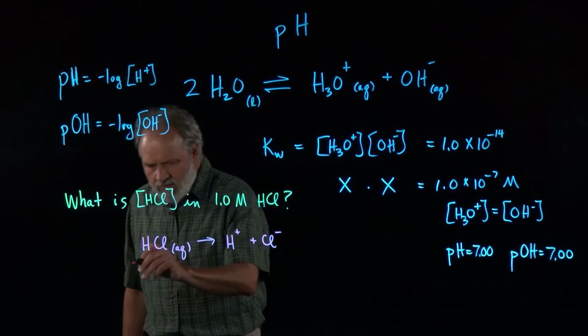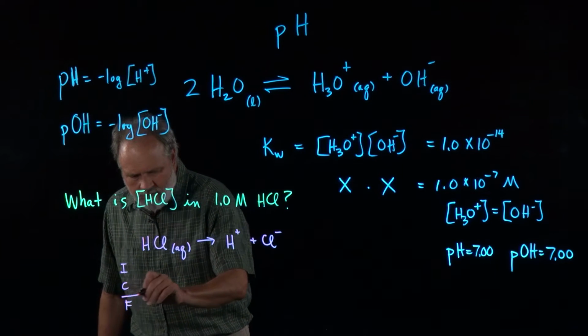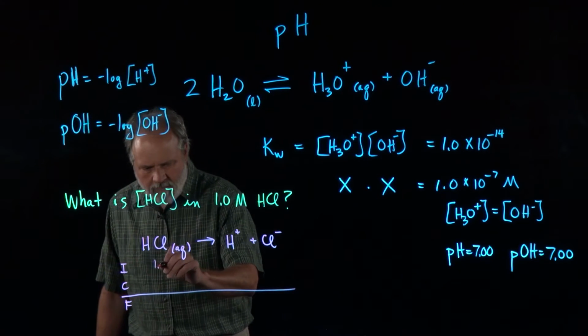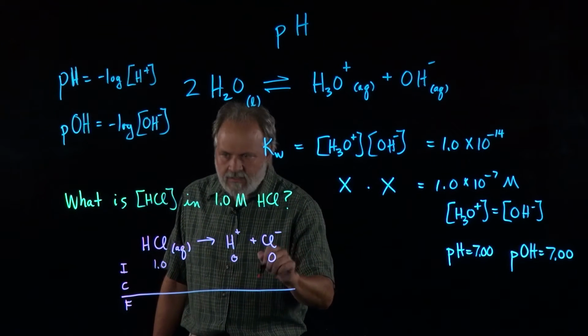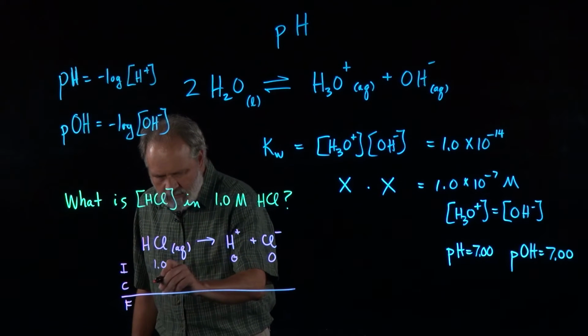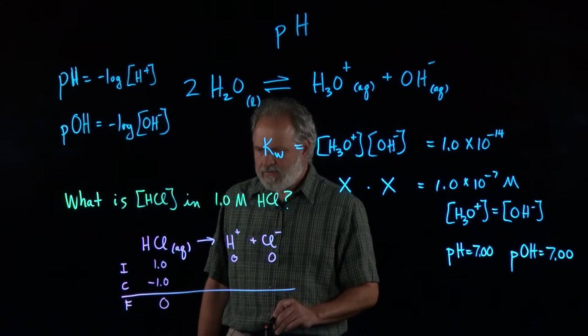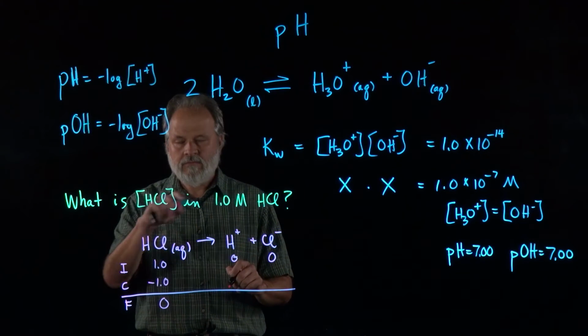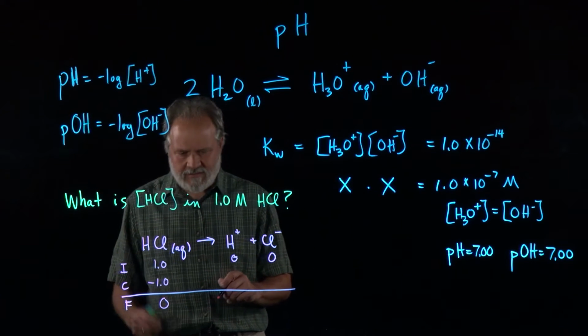And so the initial, change, and the final: 1, 0, and 0. So it starts out at 1. Since it's a strong acid, there is none left. So the answer is 0. Okay? So you cannot take the concentration of HCl to get the pH of HCl.